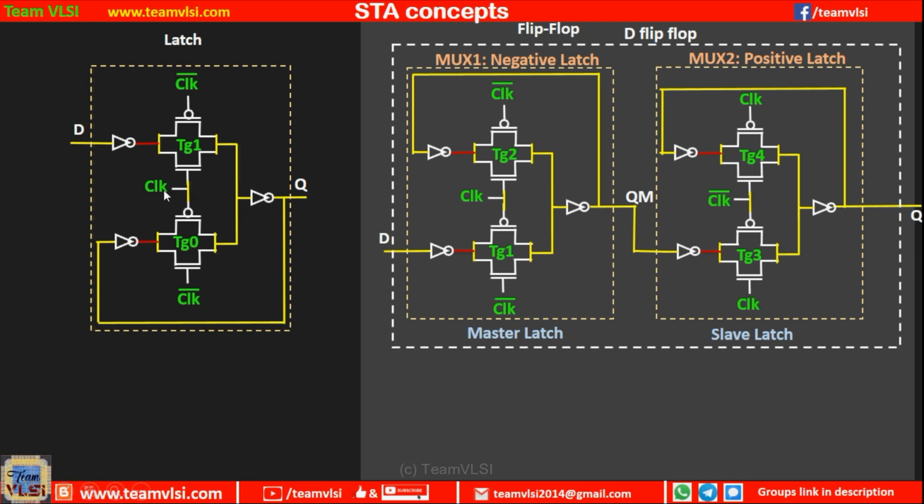Suppose here the clock is low, then what will happen? This NMOS is going to be off since it is getting a low signal, and here you can see that the clock signal is inverted. So when the clock is low, clock bar will be high. So this PMOS is getting a high signal at its gate, so this will also be in the off state.